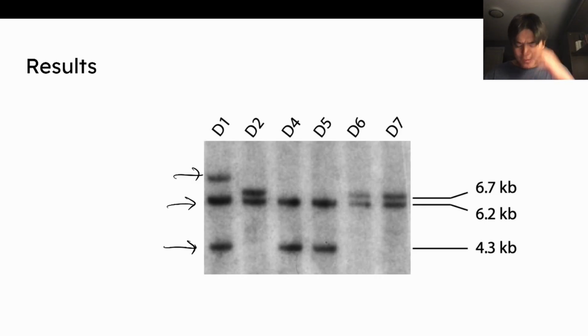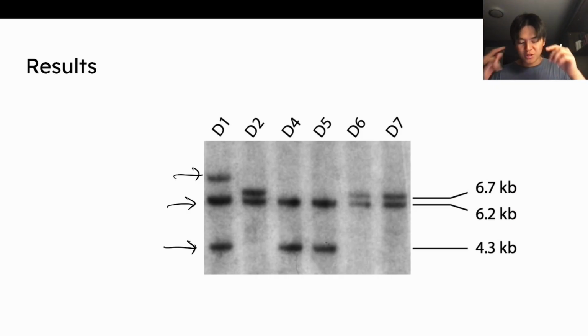And it should make sense why there are 3 different ones. If you have a digest enzyme and you split this genome into a bunch of different pieces, chances are different parts that contain the gene will have different lengths, because there's a lot of variance in terms of genetic sequences.